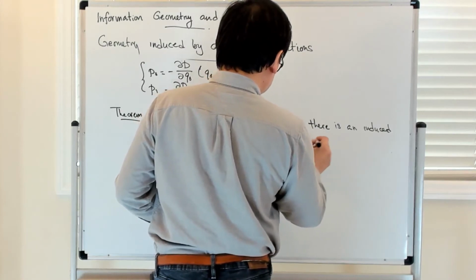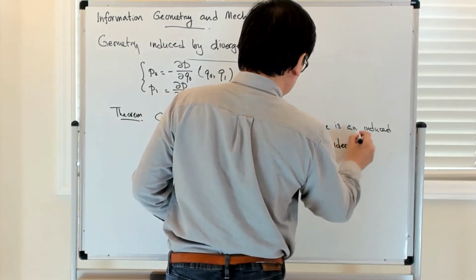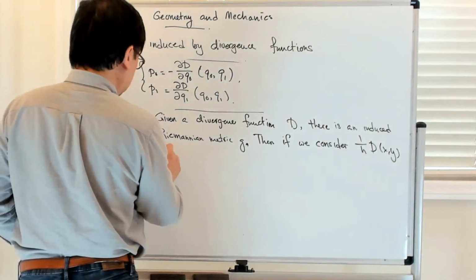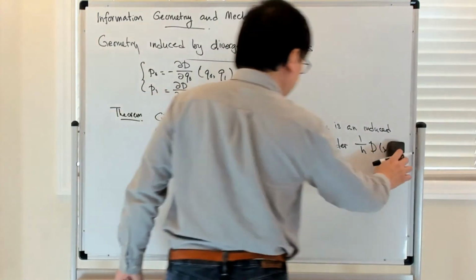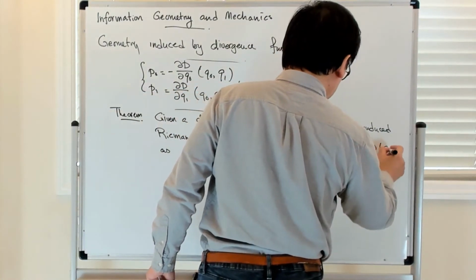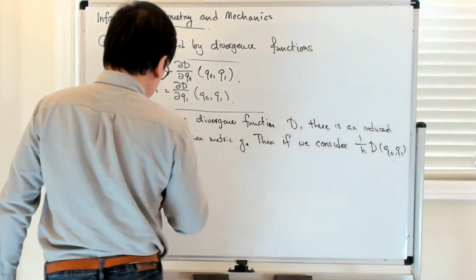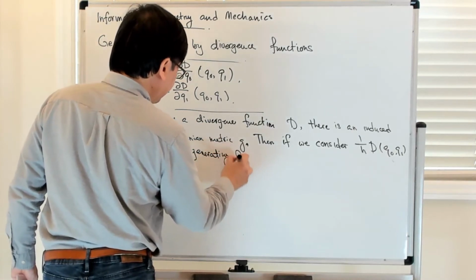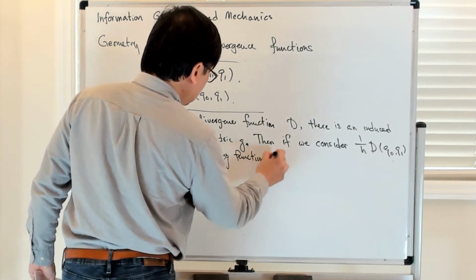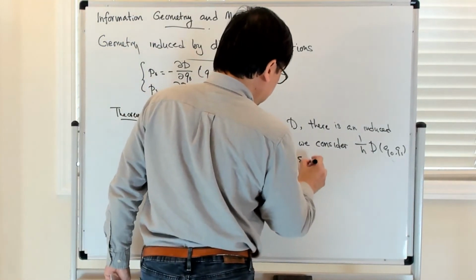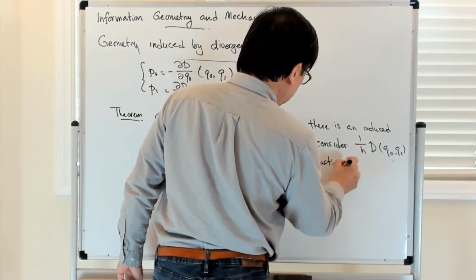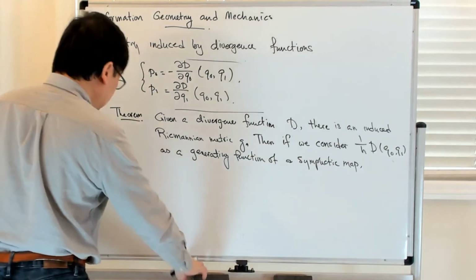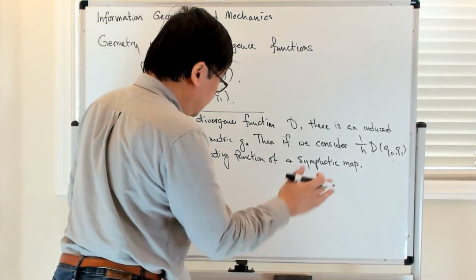If we consider 1 over h of D(x, y), let me call that D(q0, q1), as a generating function of a symplectic map, maybe let's not call it a theorem, let me just write it in words.